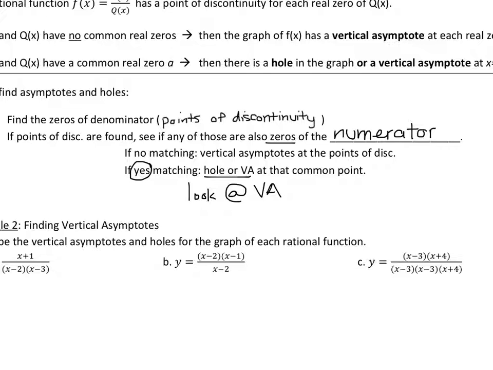So really, if they're the same, that doesn't help us any. We just have to graph it. If they're different, if they don't match, then it's automatically a vertical asymptote, and you don't have to graph it. So that's the really nice part: when they don't match, you don't have to graph it.